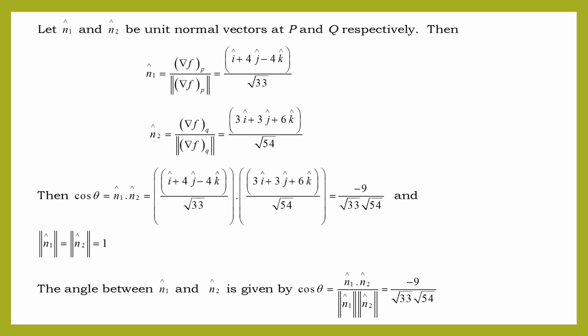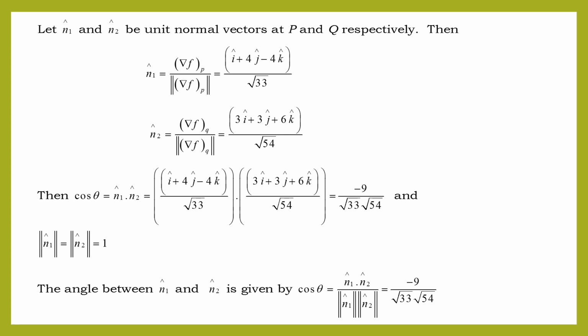Similarly, norm n2 cap is also 1. So norm n1 cap and norm n2 cap are equal to 1, so they are called unit vectors. Not only that, they are normals to the given surface at the given points. So these two are called unit normals to the given surface at the given points.